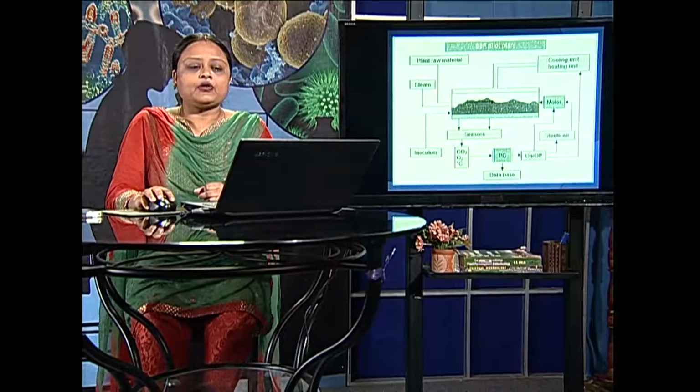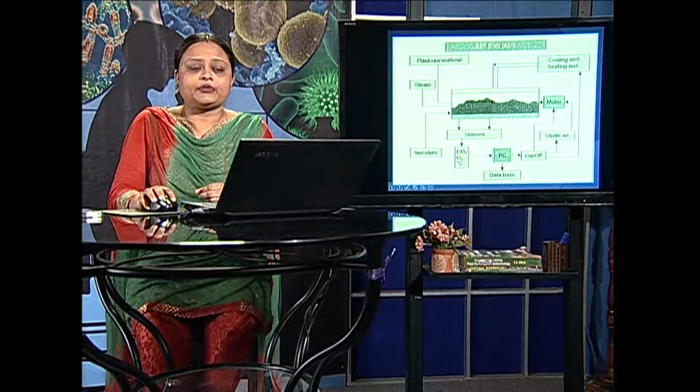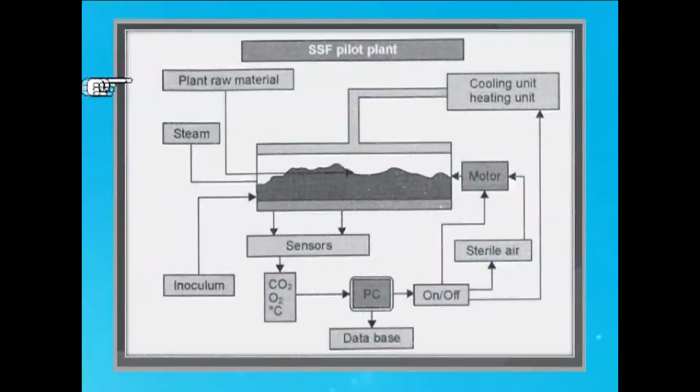Now, if we look into a solid state fermenter plant, what happens is the raw materials, that is the bagasse or whatever we have chosen as the raw material, are taken. Then steam is allowed to be entered into the chamber, which will sterilize the material. Then inoculum is added, and there are several sensors attached like CO2, oxygen, temperature sensors.